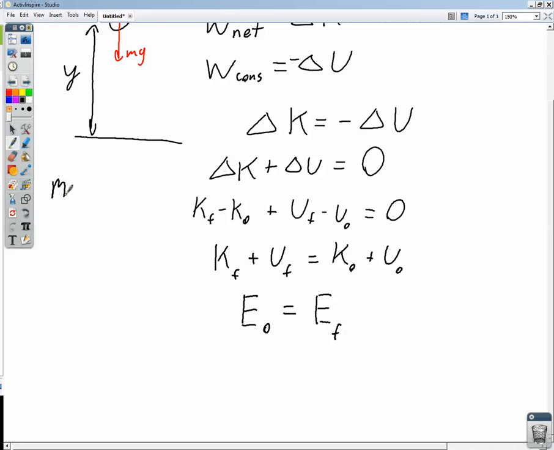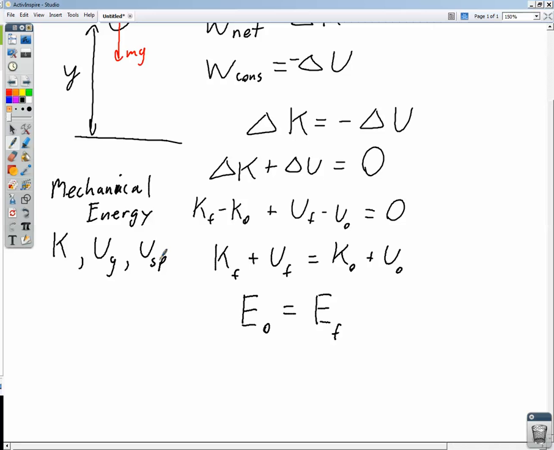So let's define mechanical energy, and these are the three kinds of energy that we've already encountered. There's K, there's gravitational potential, and there's spring potential. So mechanical energy is conserved when only conservative forces are acting on the object.